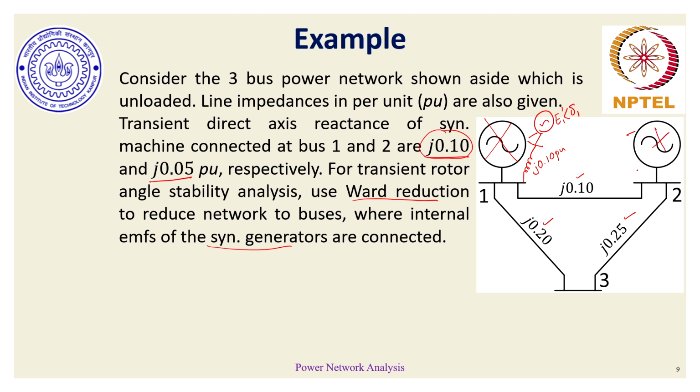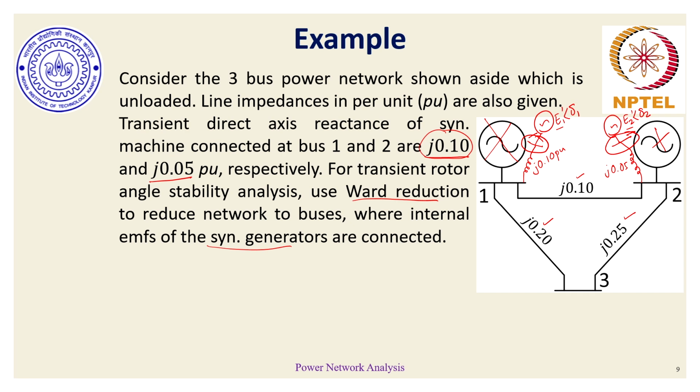Similarly, the generator at bus 2 is represented by its corresponding direct axis transient reactance, whose value is j0.05 pu, with internal EMF E2 dash at an angle delta 2, where delta 1 and delta 2 are measured with respect to some voltage angle reference. E1 dash and E2 dash remain constant. Our intent is to reduce this entire power network so that only these two fictitious buses remain connected.